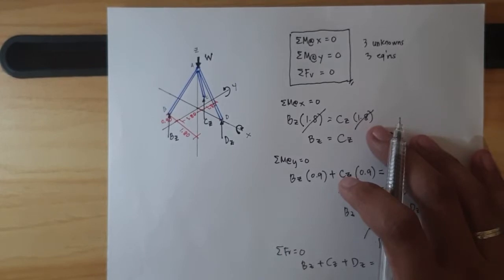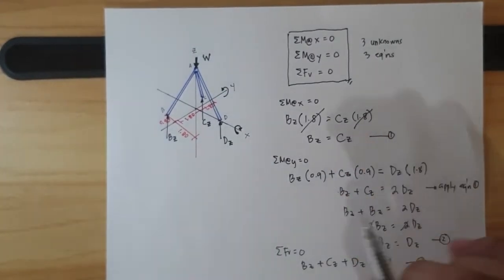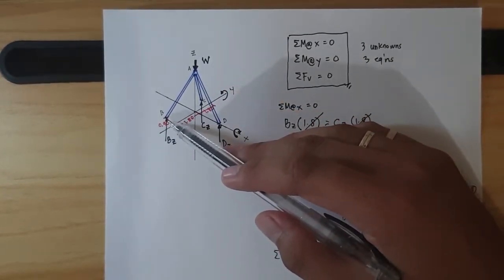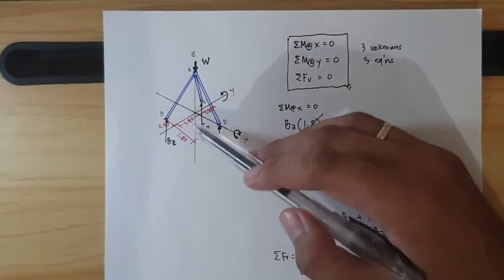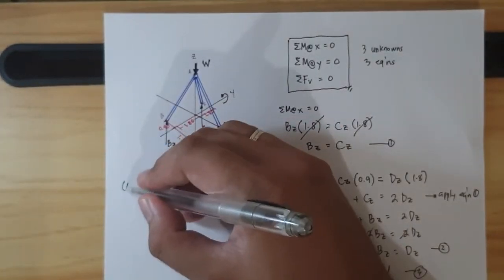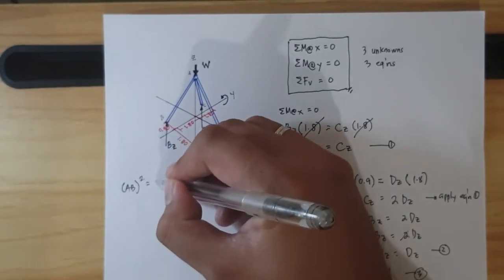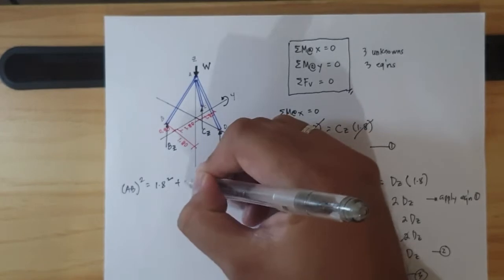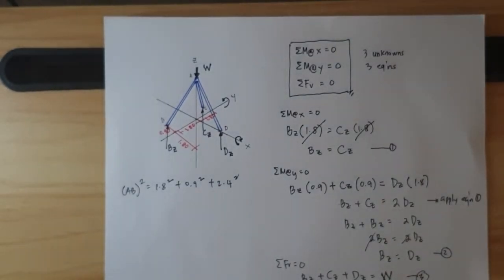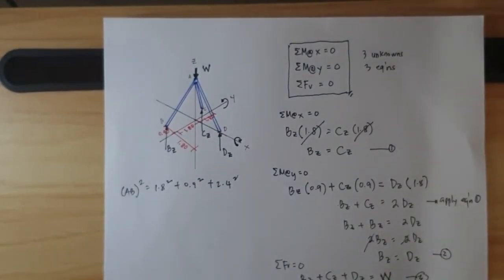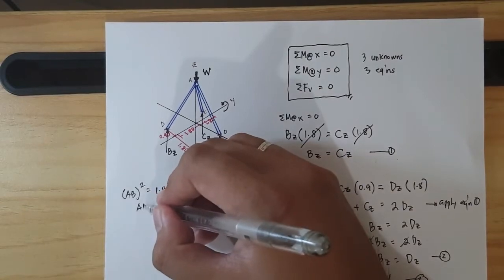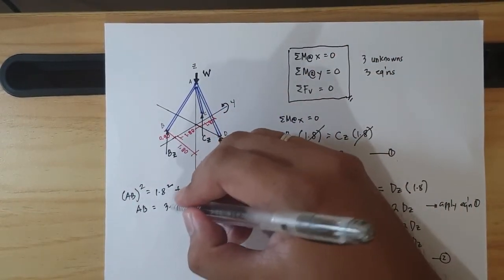To compute member AB, there are three dimensions: its distance along X, along Y, and along Z. So using the distance formula, AB squared is equal to 1.8 squared plus 0.9 squared plus 2.4 squared. Using your calculator, AB is 3.13.